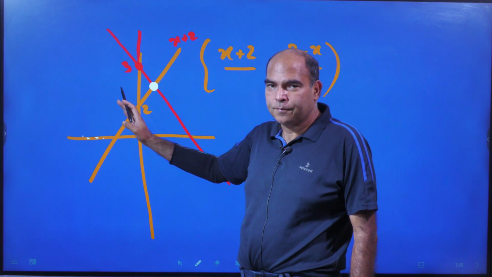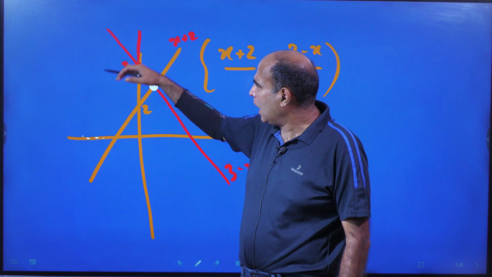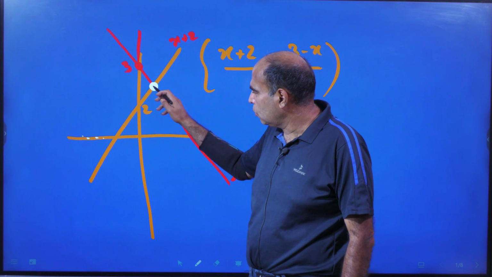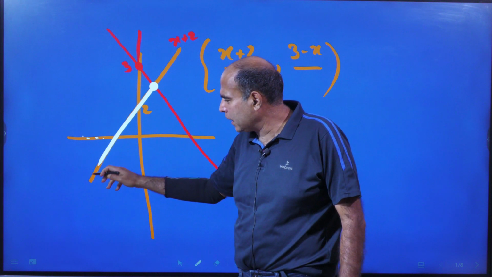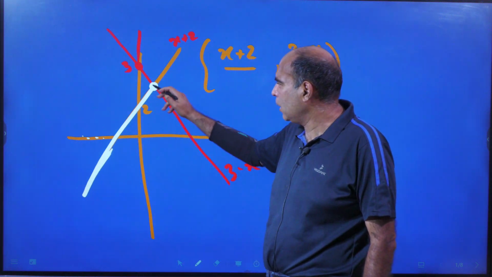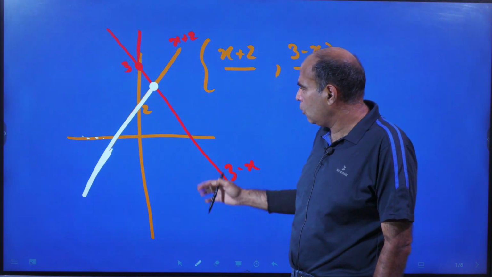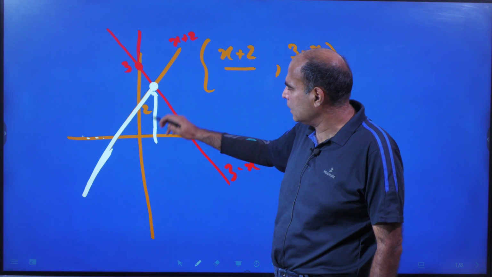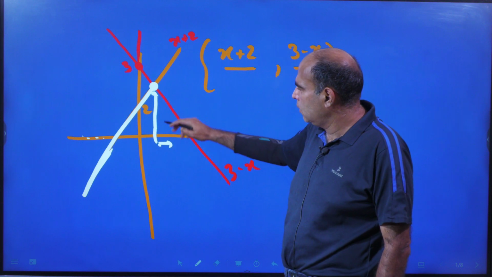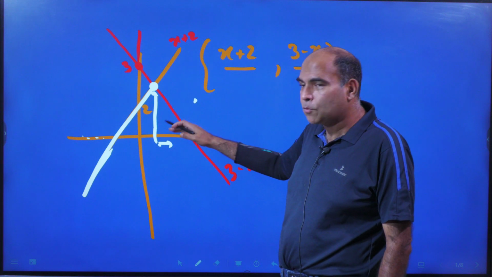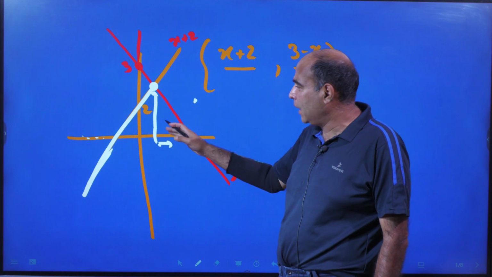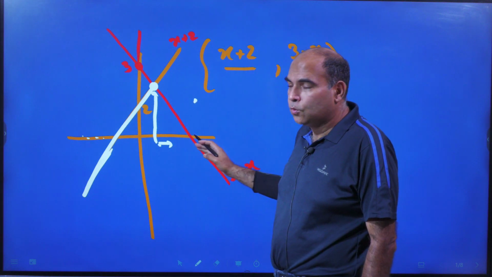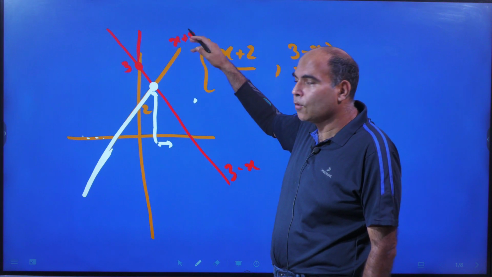Before this point, between the yellow line and the red line, the yellow line is on the lower side. So y will always stick to this line on this side of this point. Once you cross this point on the x-axis and keep going right, as you put values of x greater than this intersection point, the red line's height is lower than the yellow line's height.